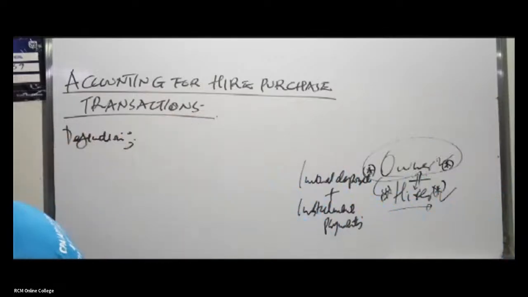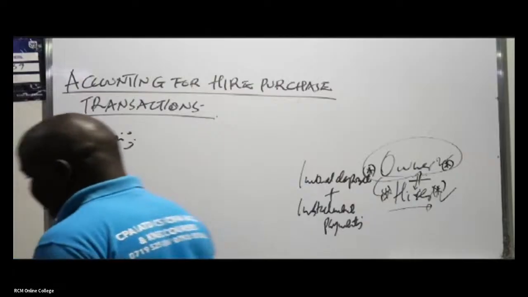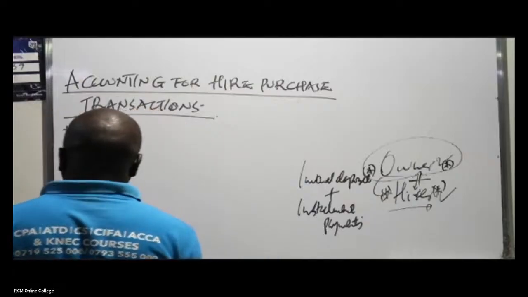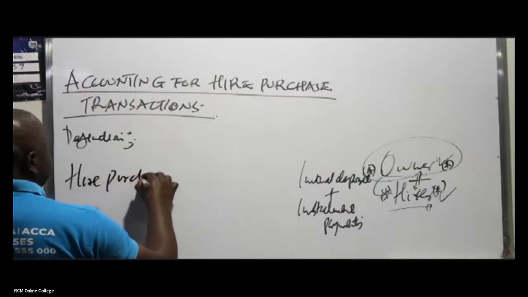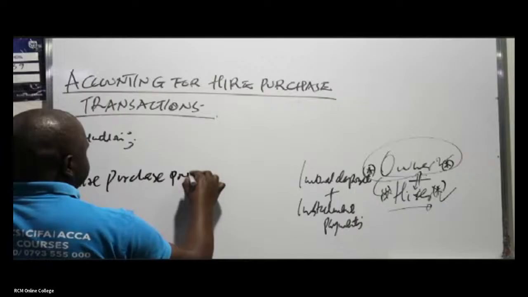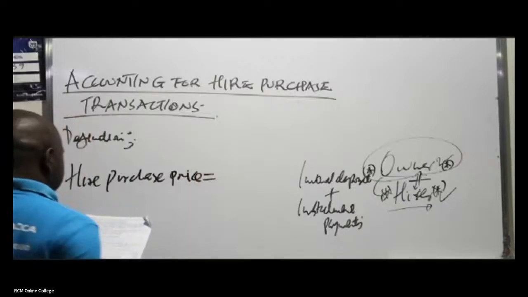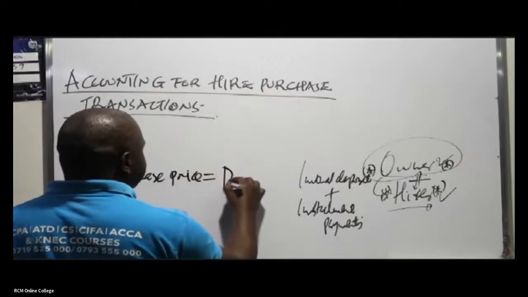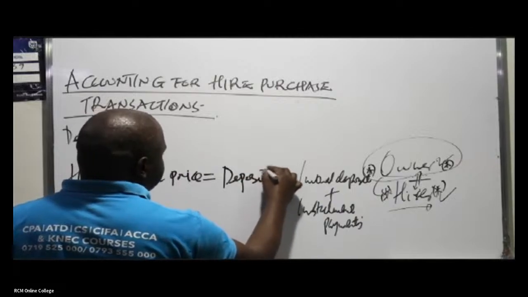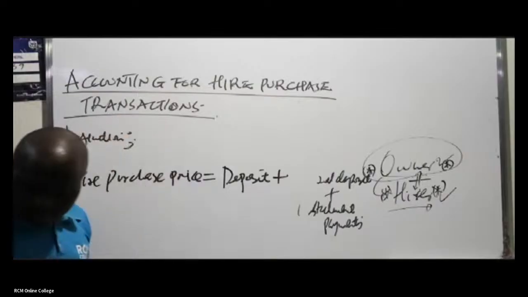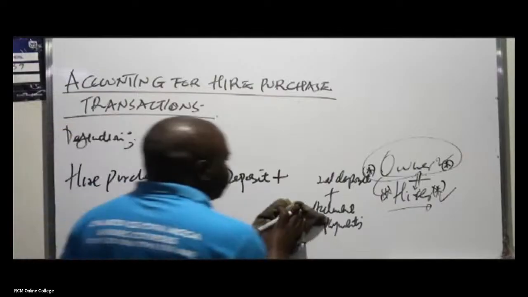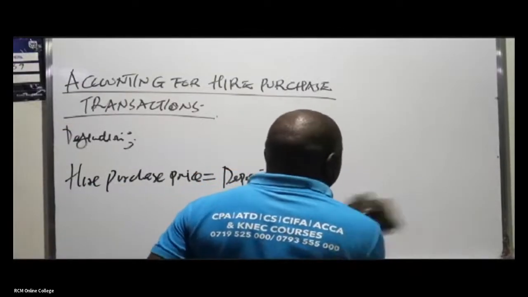Then you can write a small formula. Hire purchase price is equal to deposit plus installment amount.